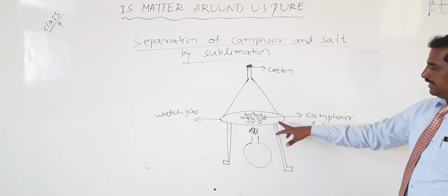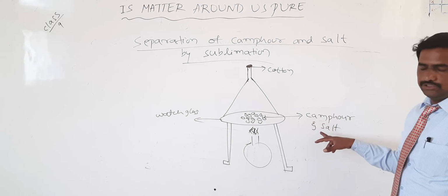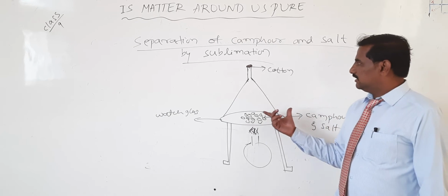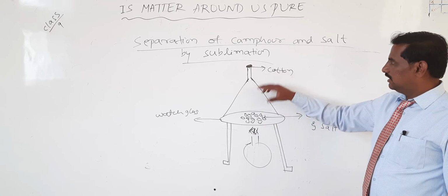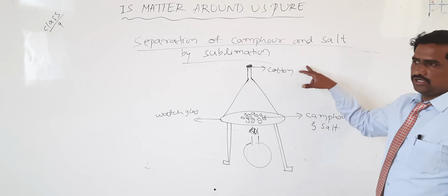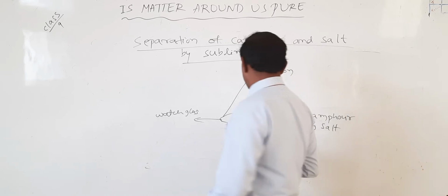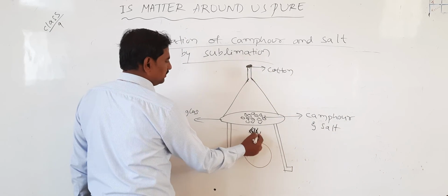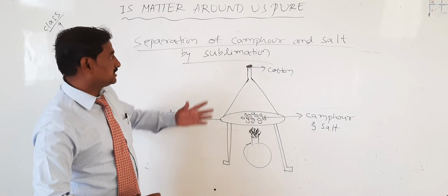Here, take one watch glass and take a mixture of camphor and salt in the watch glass, then take one inverted funnel and close it with cotton. Then what happens next? Slowly apply heat with the burner. Then sublimation takes place.